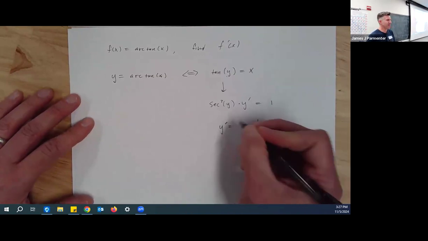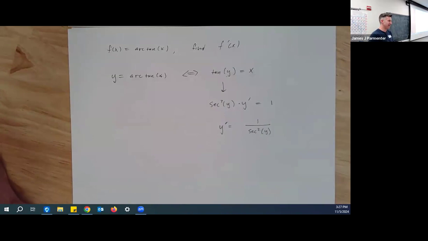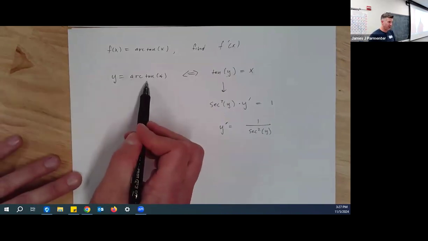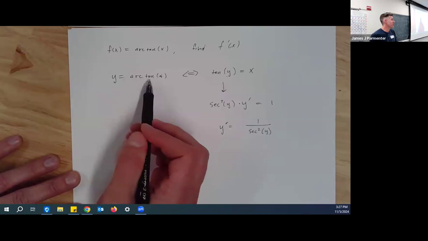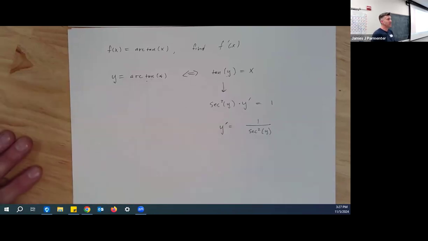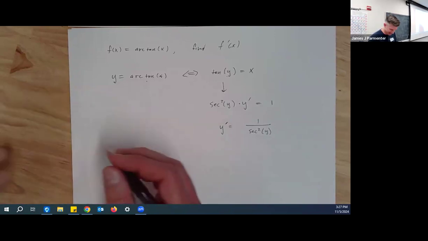And just like last time, I'd really rather not have y's in my answer. If my function is a function of x, I want the derivative to also be a function of x. There's two ways to get there. One way is to use a trig identity, which I think I've mentioned before. I think I might have said it's my favorite trig identity because it's funny. It's the tangent one. It's the "I tangent gets sexy", exactly.